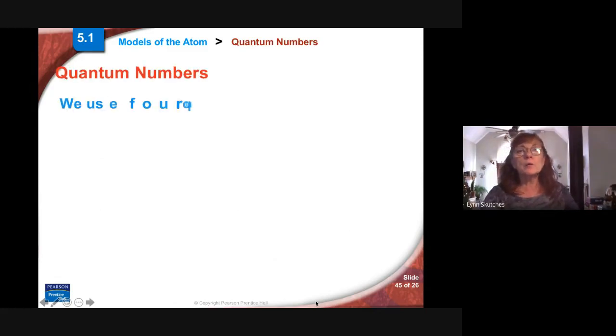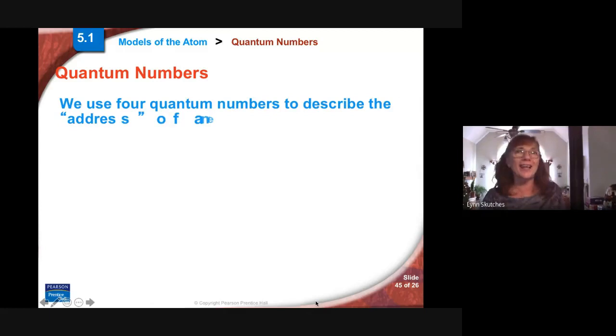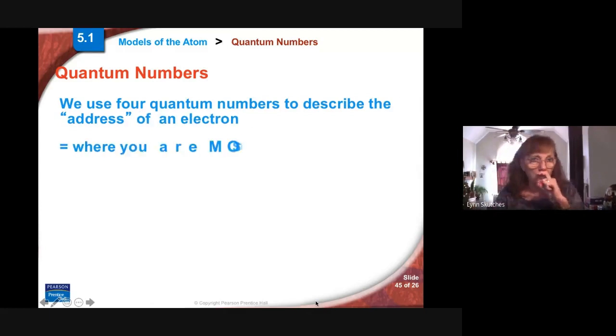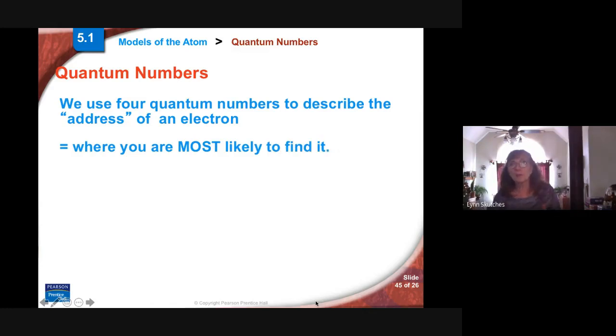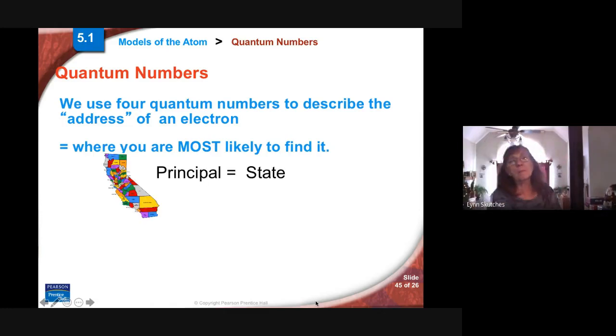How do we find out where electrons are? Well, scientists use an addressing system, if you will, called quantum numbers. And again, keep in mind, it's where you're most likely to find an electron, but you're not guaranteed that it's going to be there. There's 4 quantum numbers. The first one's called the principal quantum number. If you're writing an address on an envelope, that would correspond to, say, the state.